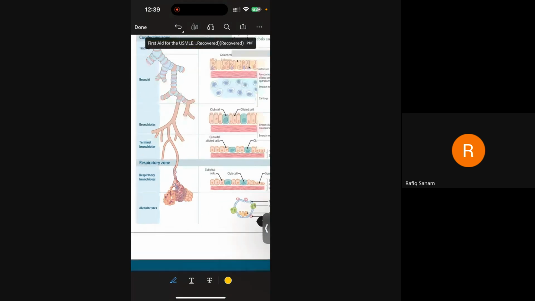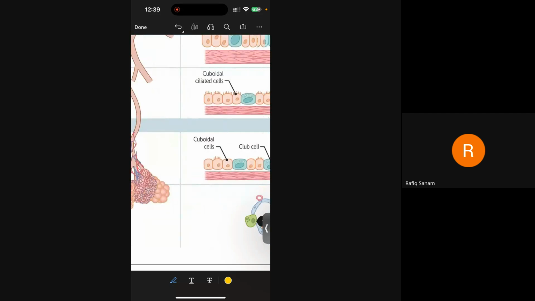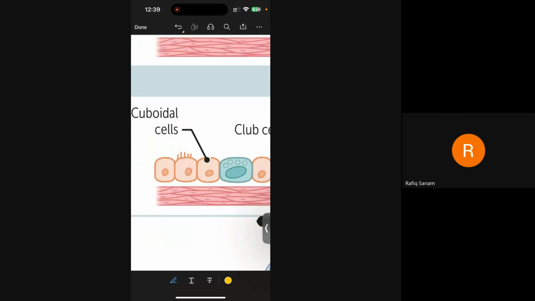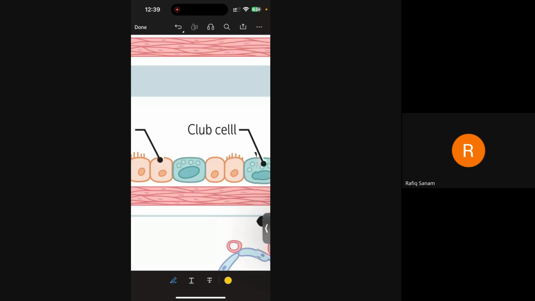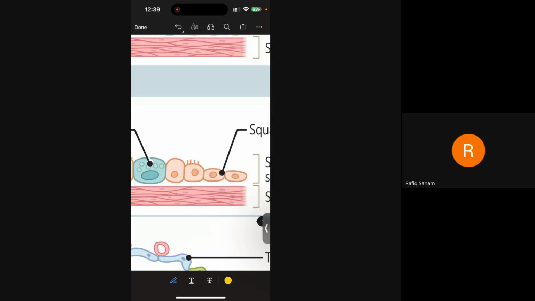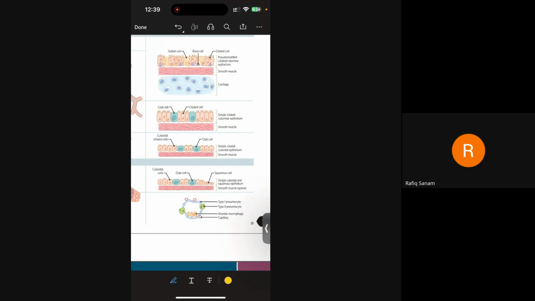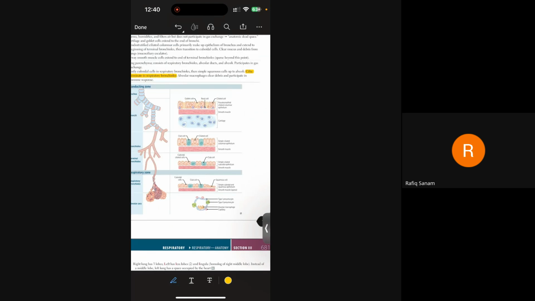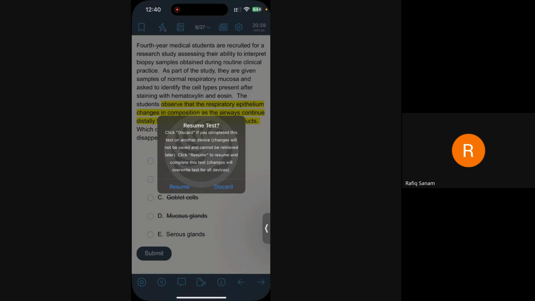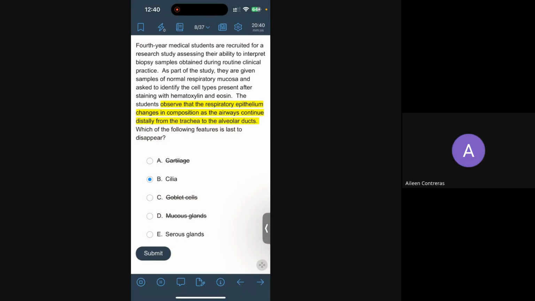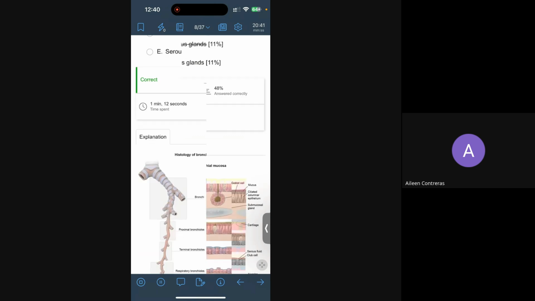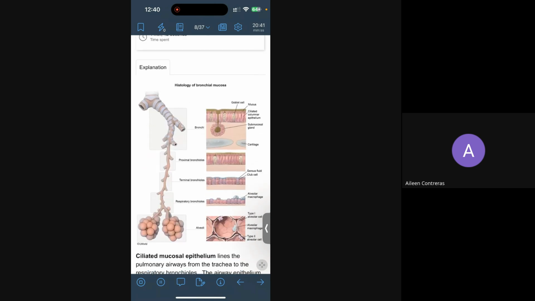You can see that even in the respiratory bronchioles there are some cilia. Cilia are the last one to get eliminated among all of the present options. So what will be the answer then? B, cilia.